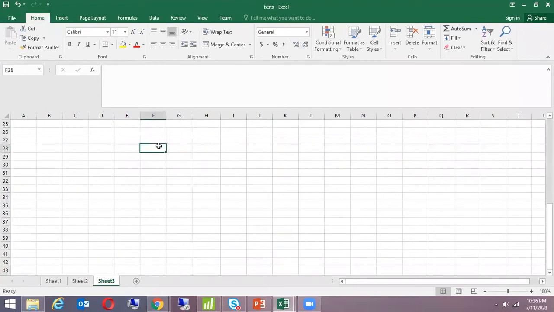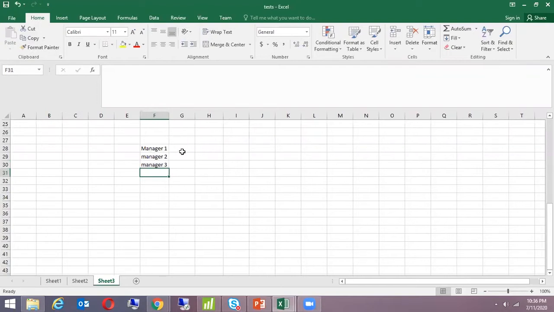I have the revenue generated by manager 1, manager 2, and manager 3. These are three business managers, and they have generated some revenue at the end of a fiscal year.